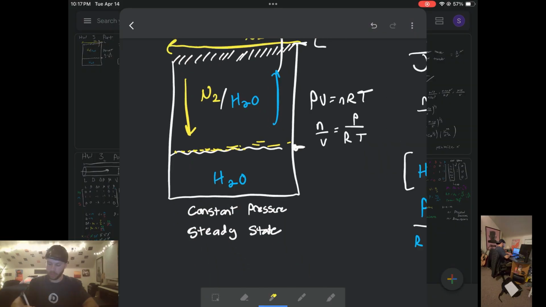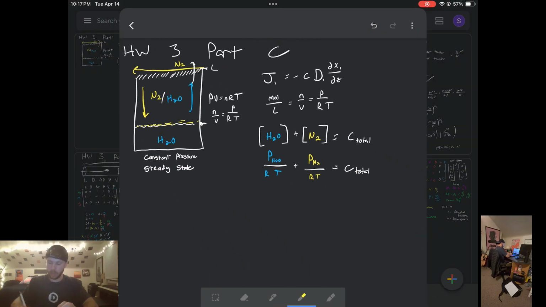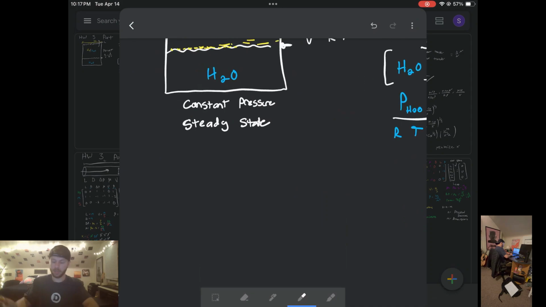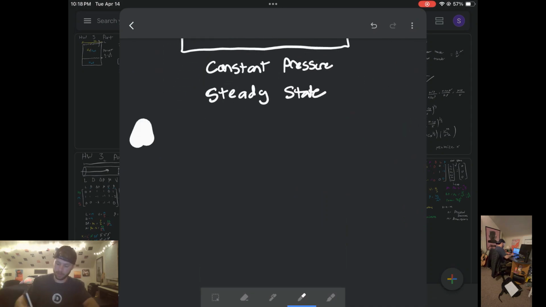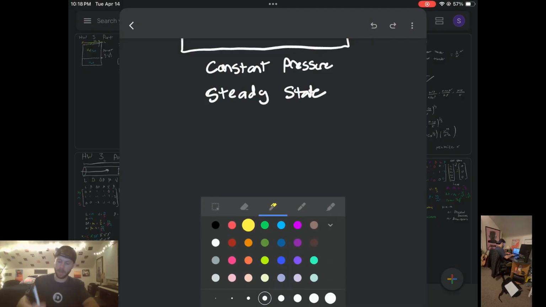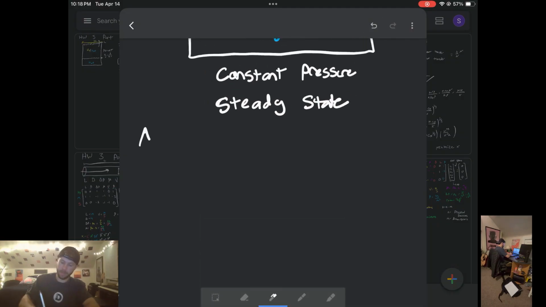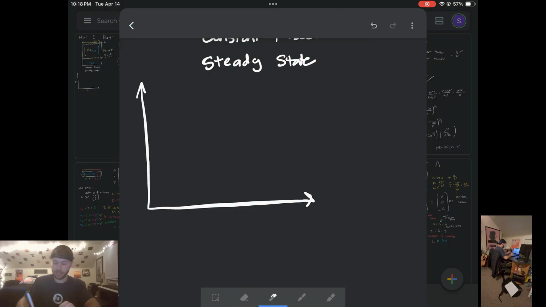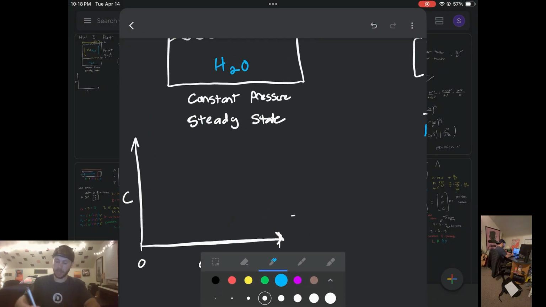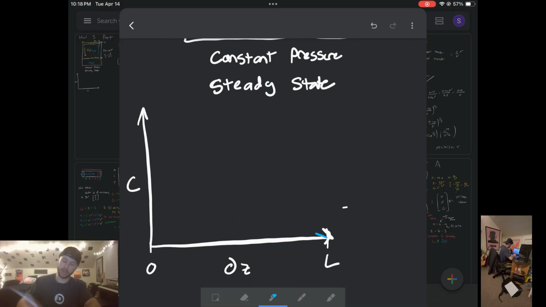And so we would expect, if we look at this graphically, call this concentration on the y-axis, and then change the position on the x-axis from 0 to L. So we expect our water to decrease in concentration and our nitrogen to increase.